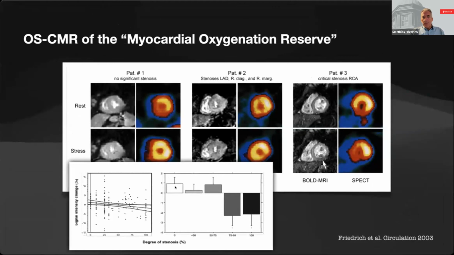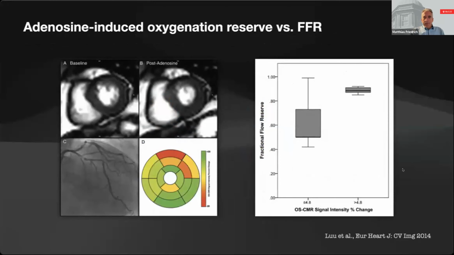At that time, the image quality with an EPI readout was not necessarily consistent. But fast forward, with the support of collaborators such as Rohan Dharmakumar at that time in Chicago, we were able to implement a cine sequence.